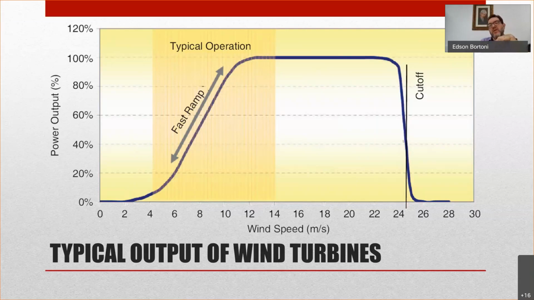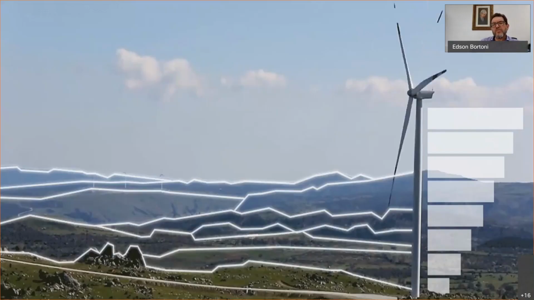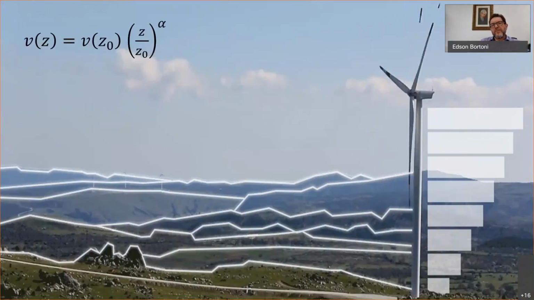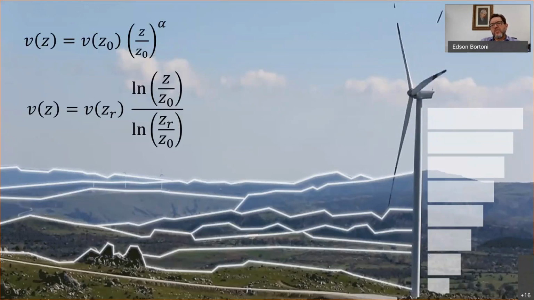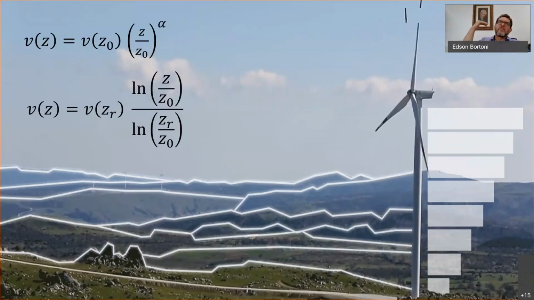There is a cutoff. Of course, the wind speed increases with the height. The higher you are, the stronger the wind. So there are mathematical models for that.